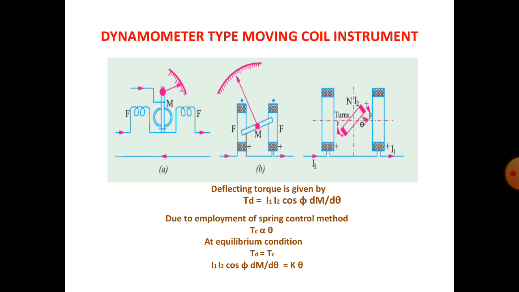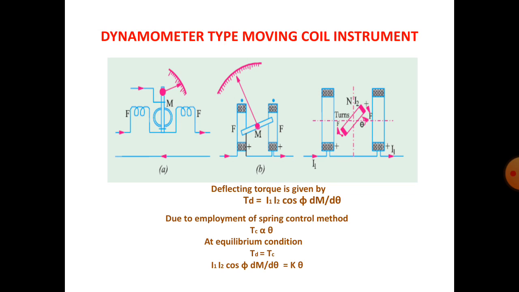Phi is the angle between fixed and moving coil. In figure C you can clearly observe that. I1 is the current flowing through the fixed coil and leaving the fixed coil, and I2 is the current flowing through the moving coil. So the angle between fixed and moving planes is phi.